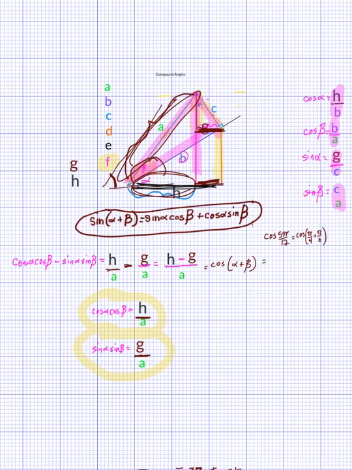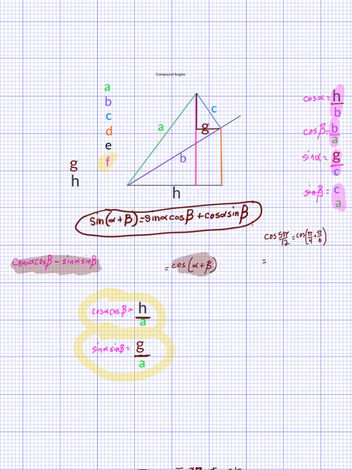So the cosine of one angle plus another angle is equal to the cosine of the first one, cos of pi by 4, times the cosine of the second one, cos of pi by 6, minus the sine of the first one times the sine of the second one.